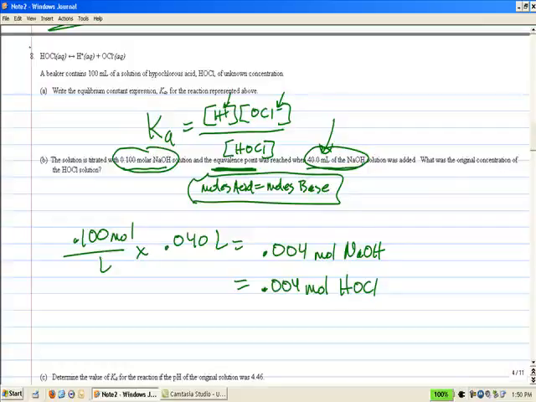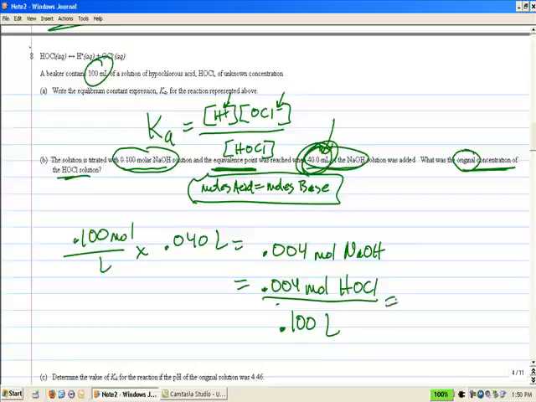So if we know that is our number of moles of acid, they want to know the concentration of acid. Well, they tell us that we have 100 milliliters of the acid, and they want to know the original concentration. Okay, original concentration means before you add those 40 milliliters in there. So to get concentration, we're just going to take 0.004 and divide it by 0.100, which is again 100 milliliters.